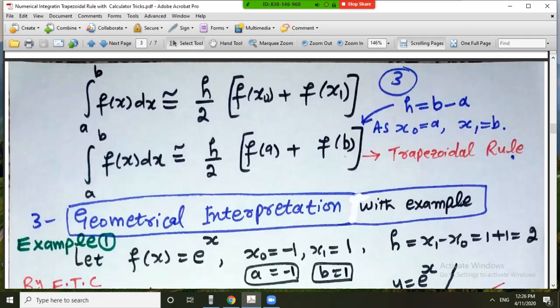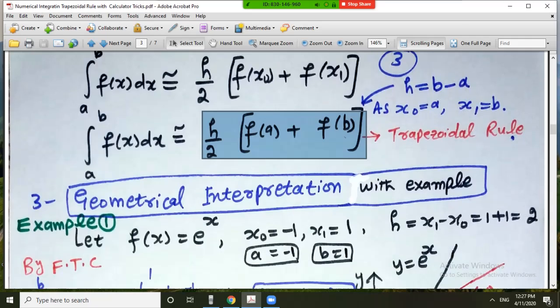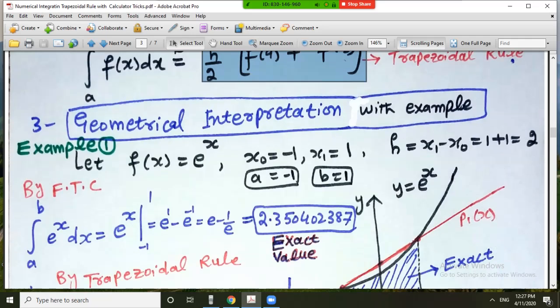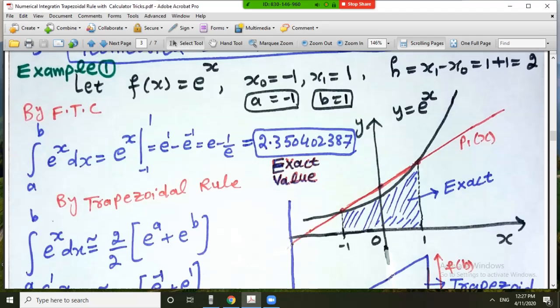This formula is called trapezoidal rule because it is also used for the area of a trapezium or trapezoid. That's why we call this numerical integration formula the trapezoidal rule. Geometrically, we have used P1 of x, the first Lagrange interpolating polynomial, for deriving trapezoidal rule.